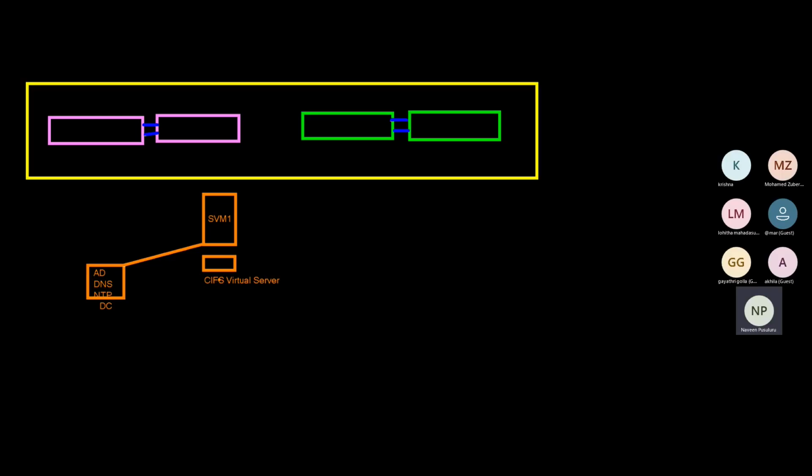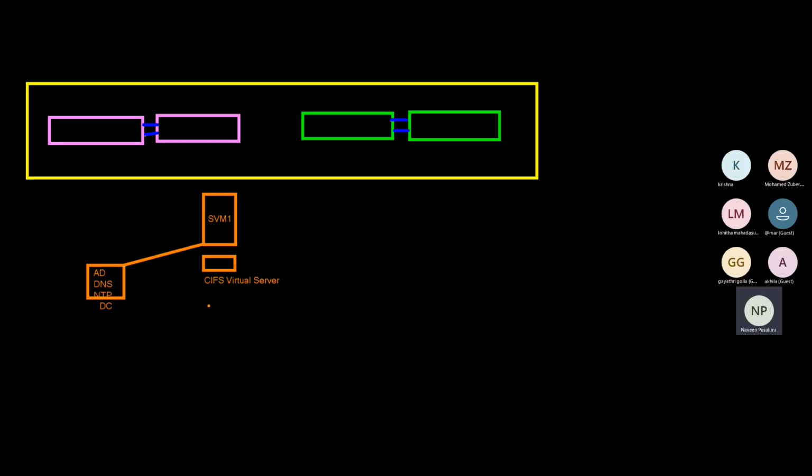While configuring the CIFS, it will automatically create this CIFS virtual server on our SVM. Since my SVM is already linked with the domain controller, my CIFS virtual server also will be linked with my Active Directory domain controller.